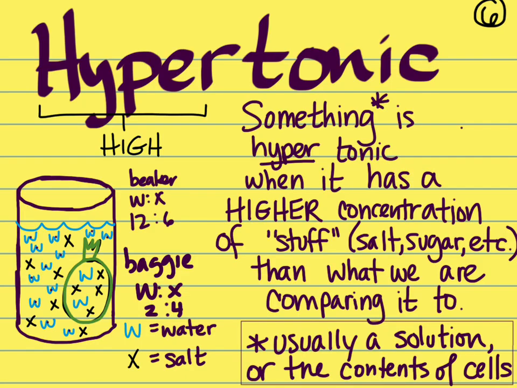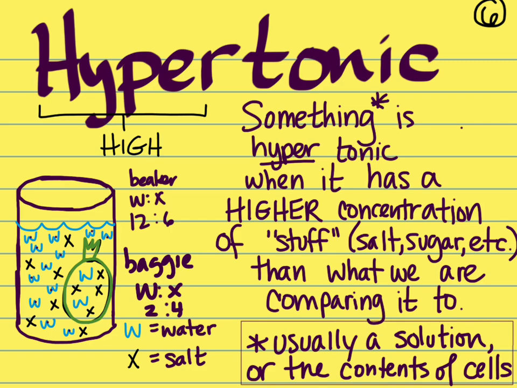So outside the baggie, in the beaker, there are 2 times as many water particles as solute particles. Inside the baggie, that relationship is turned on its head. Oh boy. So one of these things is hypertonic. Well, where's the higher concentration of stuff? That'd be inside the bag.